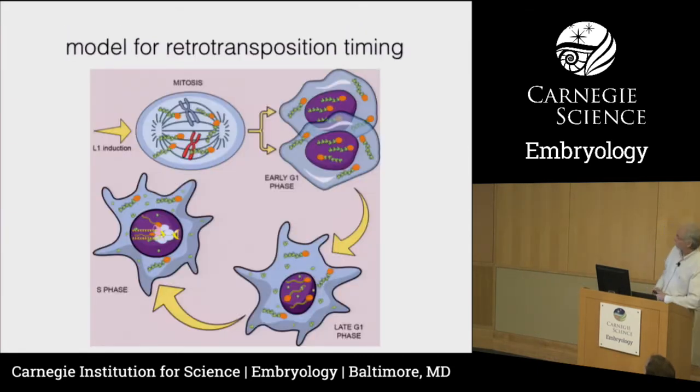So putting together all of these facts, we conclude that something like this model might explain our observations. So when we have line 1 expressed in cells, we get these ribonucleoprotein particles shown here as orange dots representing ORF1 protein and green dots representing ORF2 protein on the RNA.